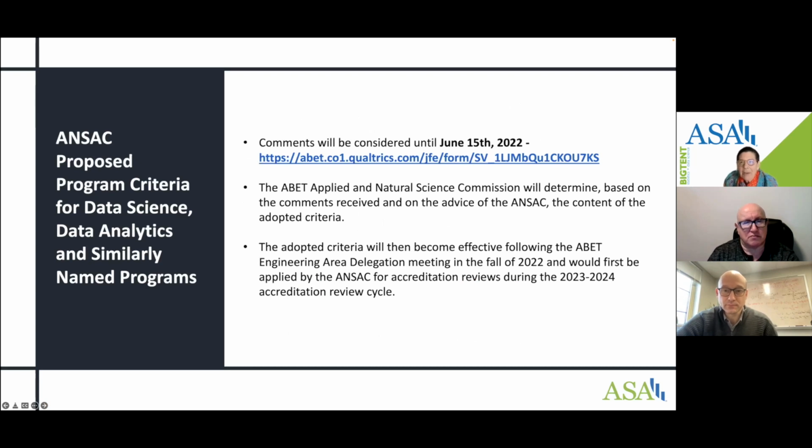And Dave mentioned accreditation is possible under the general criteria, but if your program has program specific criteria, then you must satisfy the program criteria. You can't choose to just do the general. You must satisfy the program criteria. So the key date is June 15th, and this is the link.